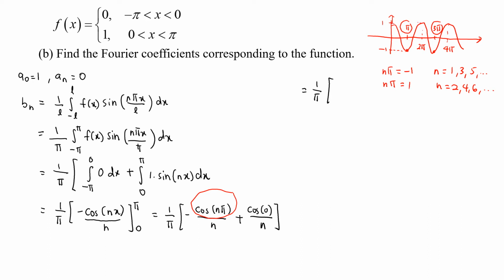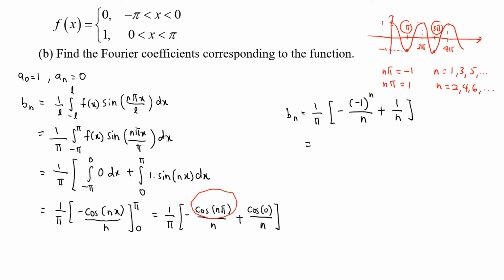So we can write this where b sub n is equal to 1 over pi, where negative of, so we can write it as negative 1 to the power of n over n, plus cos 0 is equal to 1 over n. Okay, this can be simplified with negative 1 to the power of n.